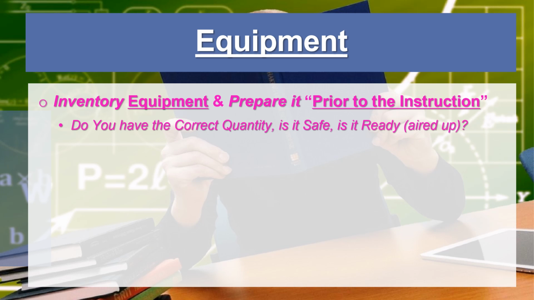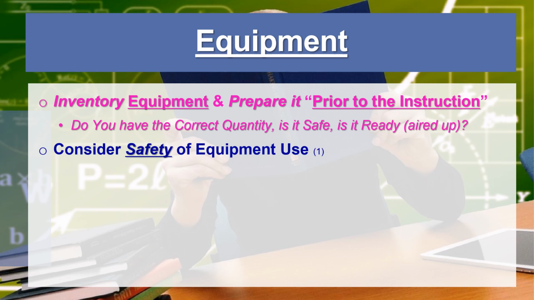You know, if it's damaged, we don't want to use it. If there's strings off, if like bats, helmets, all those different things need to be safe. They need to fit somewhat correctly. And then you need to make sure it's ready and you're able to use it on that day. So it's important to consider the safety of equipment use.